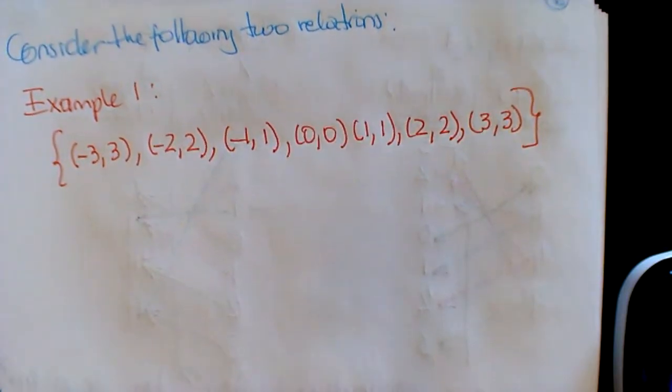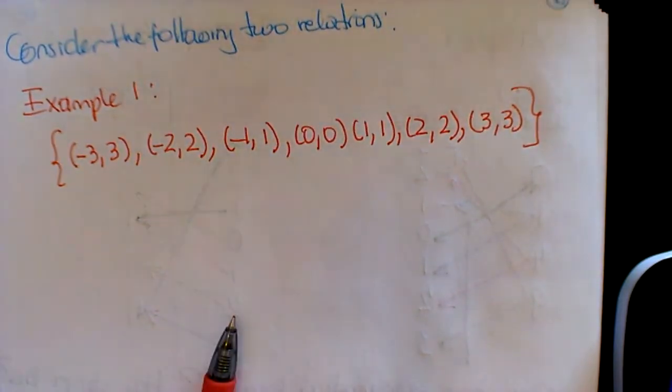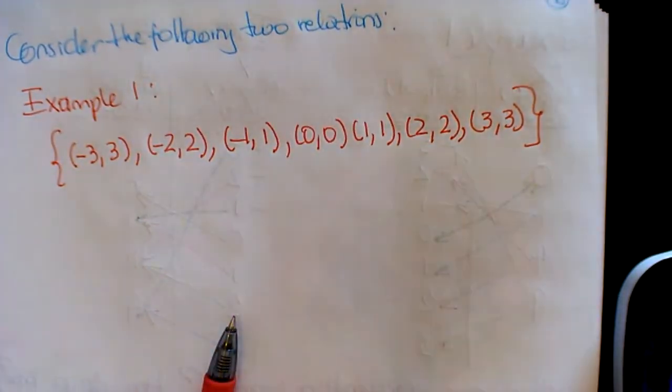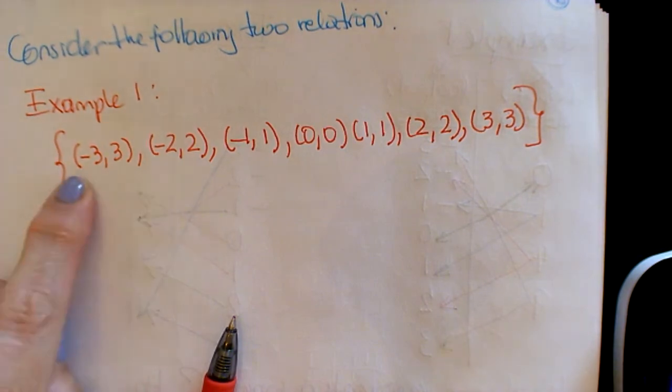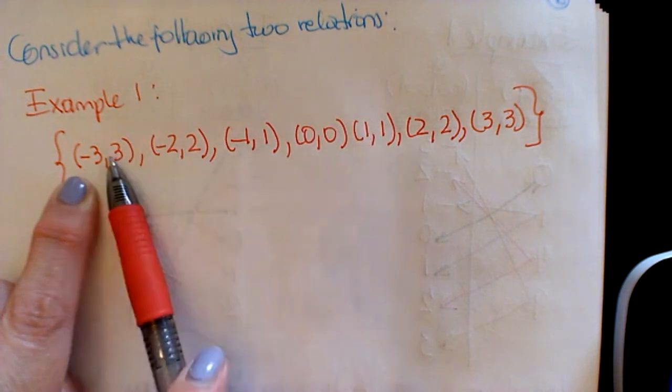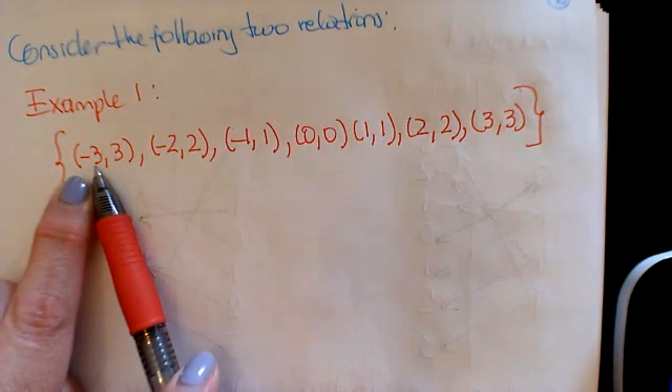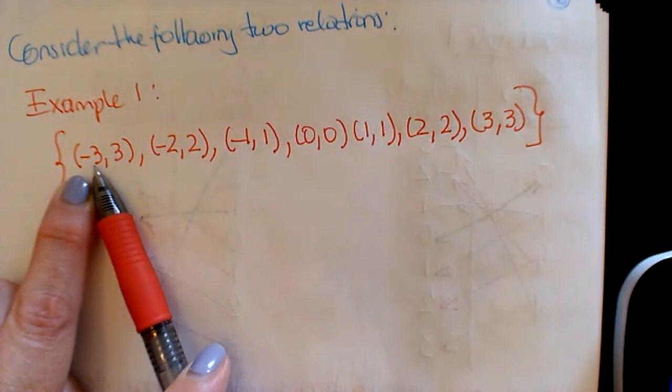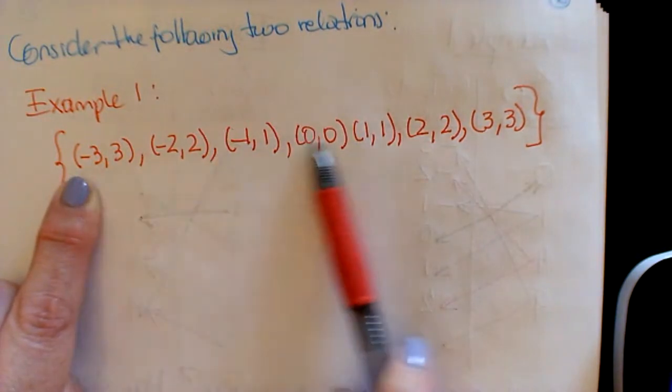We said that a relation is a function when every element of the domain corresponds to exactly one element of the range, meaning that we're only going to see -3 once in the x-axis, not more than once.